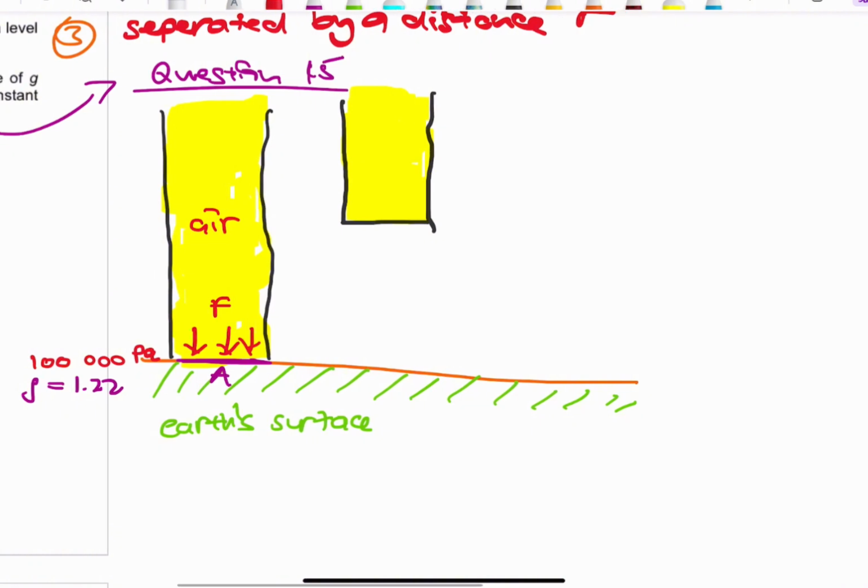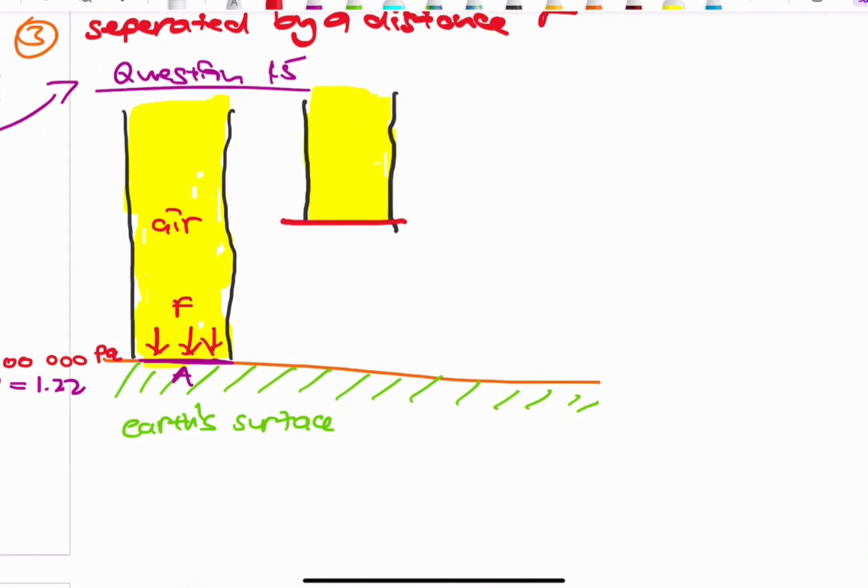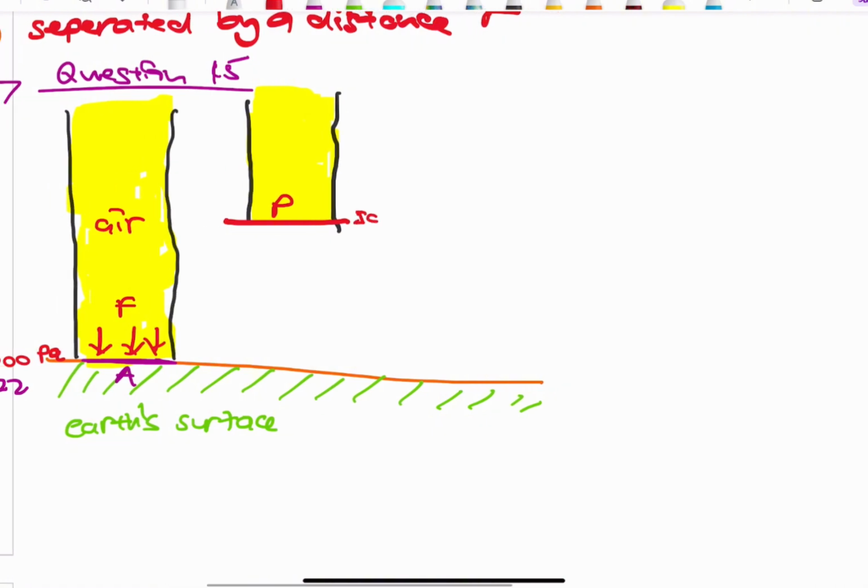So at this point there's going to be a certain pressure, P. That's what we want to find, because this air is going to press down at the point that I've just labeled at 5,000 meters, causing a certain pressure at that point. Is it making sense?